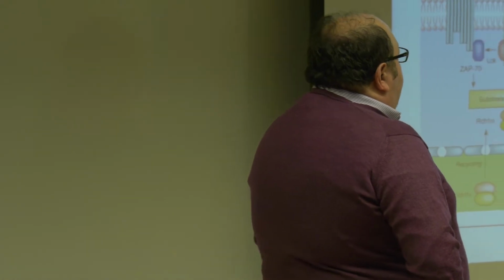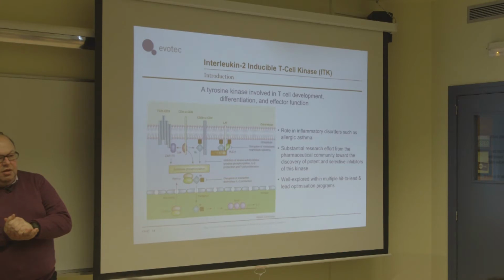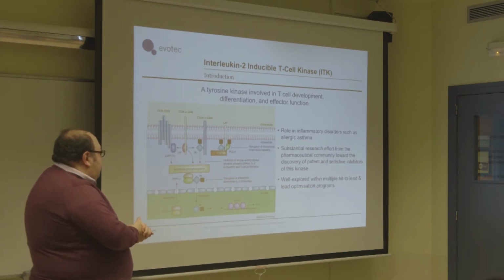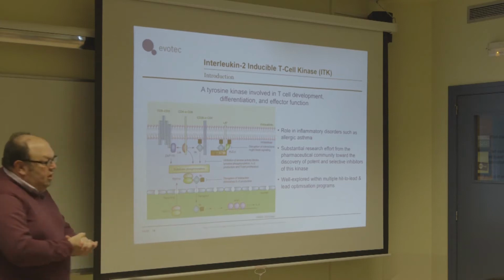I just wanted to bring you a very short story about a project that we had. For asthma, there was a protein, ITK, a kinase, and we needed anti-inflammation drugs against the kinase.